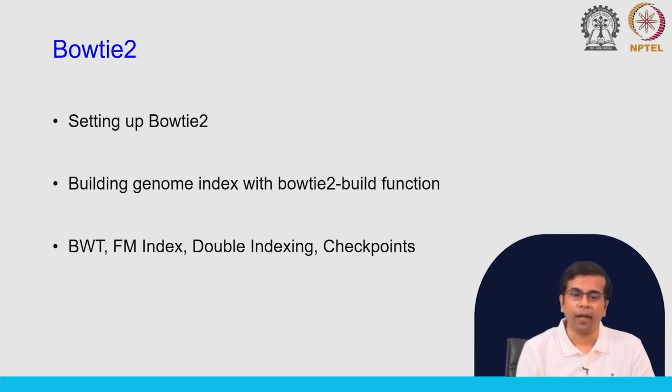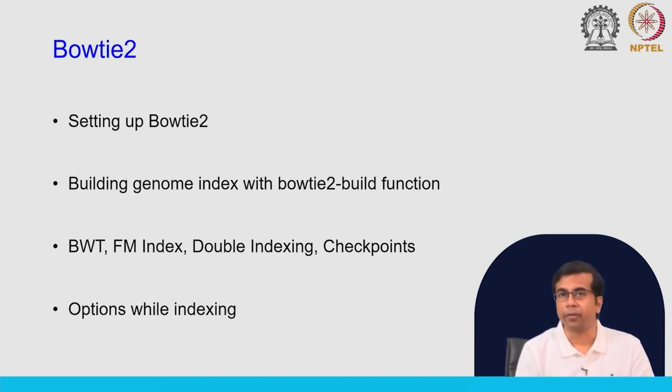During this build function, the Burrows-Wheeler transform happens, followed by creation of the FM index, double indexing and checkpoints. You have seen this double indexing part, because we have the forward indexes, numbered 1, 2, 3, 4, and then you also have the reverse indexes. We have seen those.